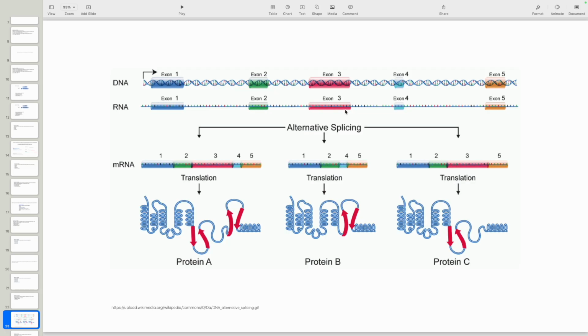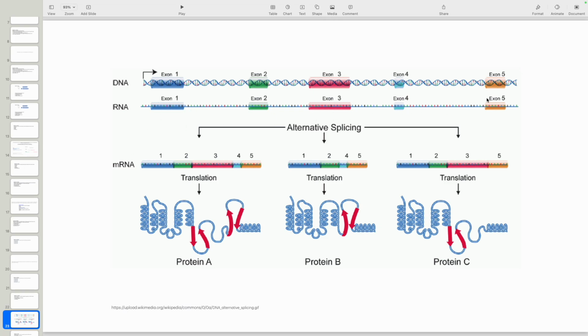Okay, let's see. We have a gene, and the gene has a coding as well as a non-coding region. The coding region is the exon region, while the non-coding region is the intron region. When the DNA is transcribed into RNA, it is not this RNA from which the protein is translated. Some processing happens to this RNA, and then it forms a mature RNA, which is mRNA. This mature RNA can be of a different combination of the exons present in a particular gene.